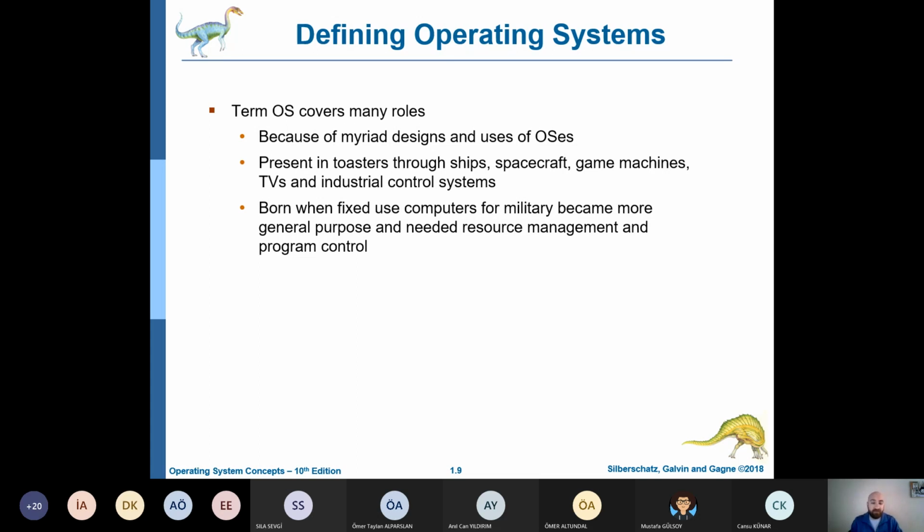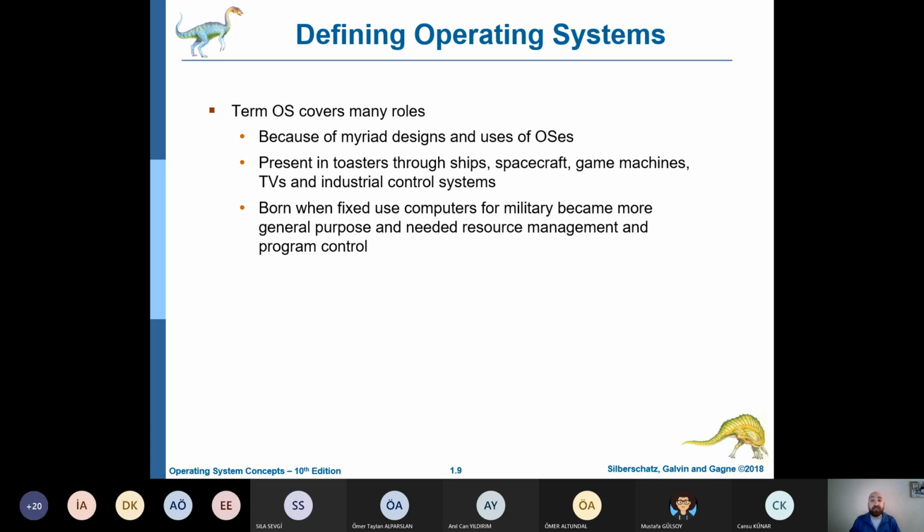At first, the computers were used for fixed jobs, so we didn't need to manage resources because they had just one job. But when we started to use those computers for general purposes, that meant we needed different tasks and more than one user, so we had to create a management system for those resources.